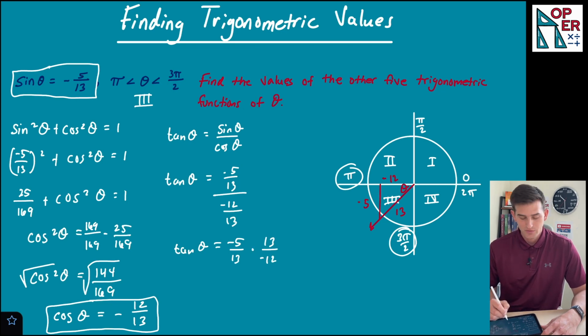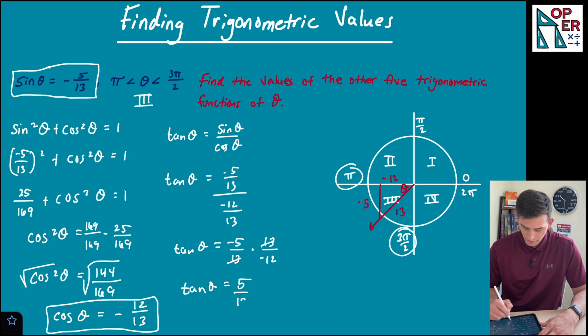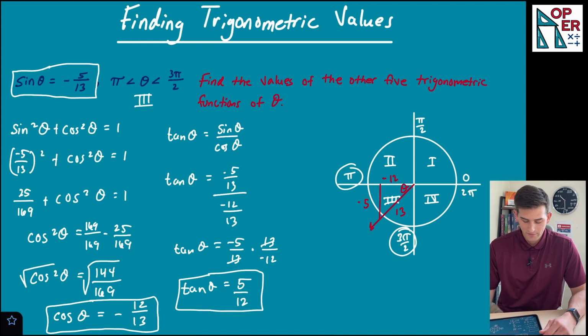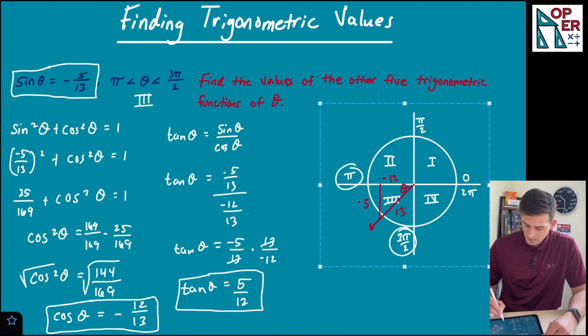The 13s cancel out, and we get tangent of theta equal to negative 5 over negative 12, which is 5 over positive 12. If we look back at our unit circle, we can verify that because opposite over adjacent would be negative 5 over negative 12, which simplifies to positive 5 over 12.